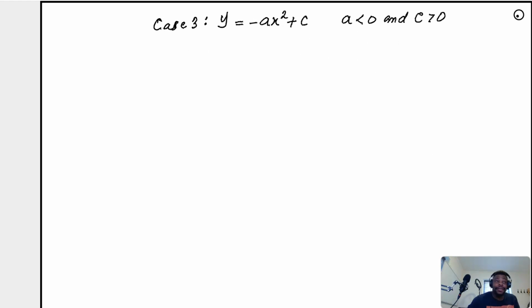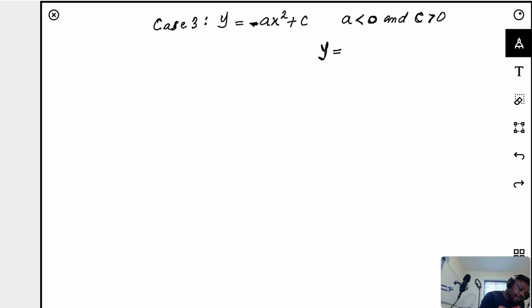Now, case 3. Y is equal to minus x squared plus c. That means A is less than 0, as you can see. A is minus here, and C is greater than 0. C is plus here. So, for an example, we have a question like, let me say minus x squared plus 3.